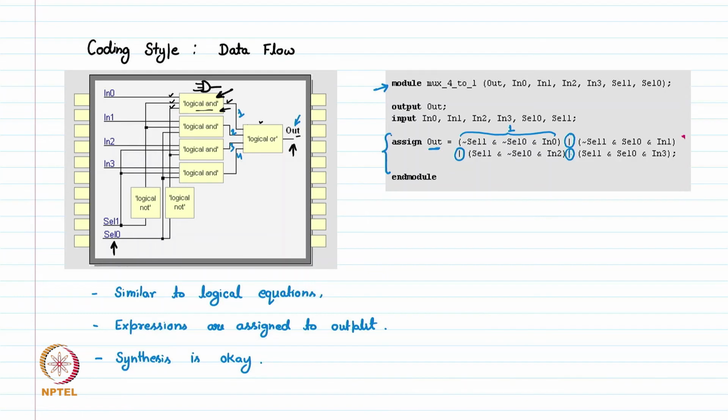So, this is how we are assigning the output from these inputs, because here also we know we are implementing an AND or implementing an OR. So, it is easy for the Verilog to pick up a standard AND gate or standard OR gate and put it in this equation to implement this function. So, synthesis is still okay in the data flow statement.